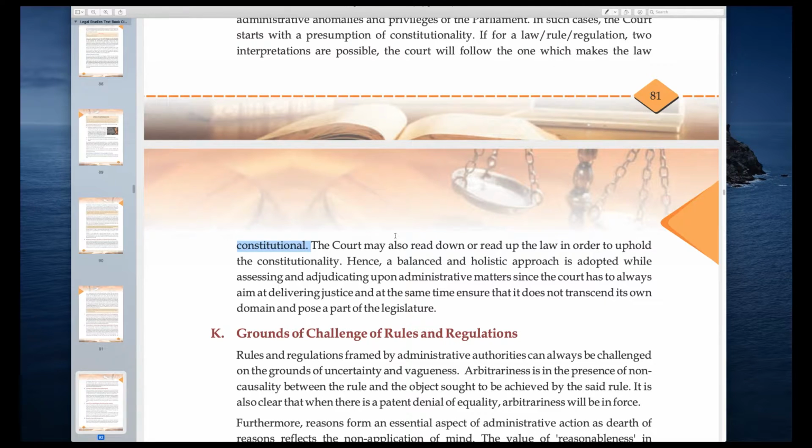Okay, so whatever things fall under the constitutional framework, that is within the provision, that is okay, reasonable, logical. But if something doesn't fall in that, then it is unconstitutional. And if it is unconstitutional, then there is no way it is going to be implemented or enacted. Okay, so this is how the judiciary plays its role while deciding what is constitutional and what is not.